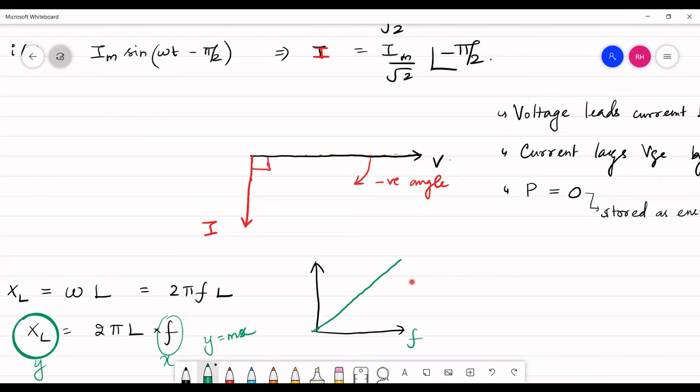So taking frequency along the x-axis and plotting the inductive reactance value along the y-axis, we get a straight line. And this shows the variation of XL with respect to frequency, and the variation is said to be linear.